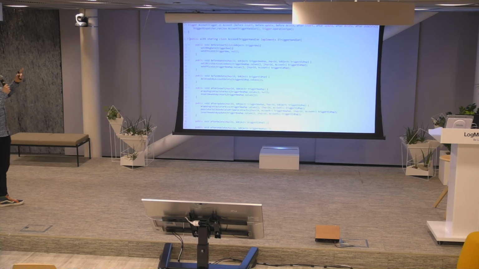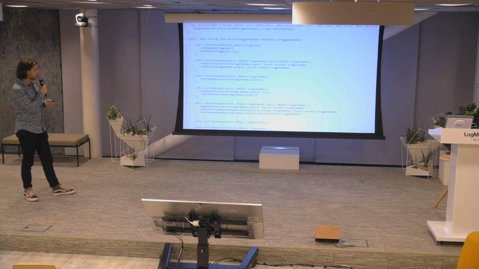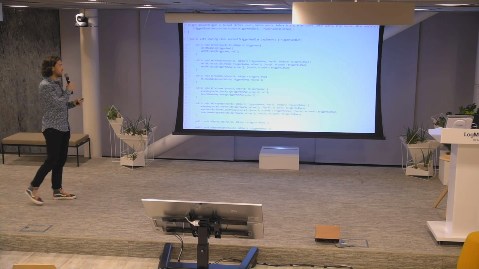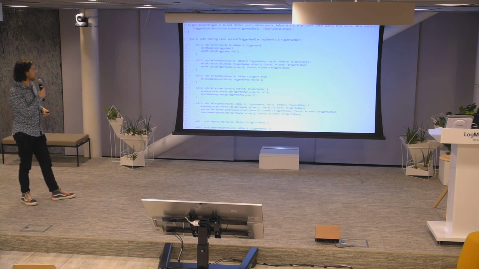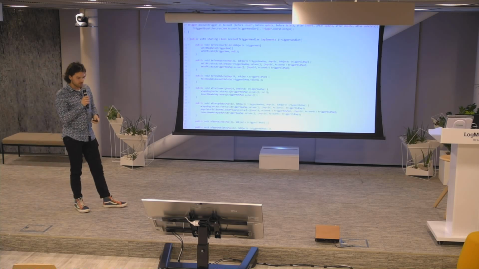All of these 7 methods were declared in the interface, and some of them have some logic in them. The after delete and after undelete are empty, but they have to be there for the interface to be implemented. And as you can see, all of the business logic is separated into different methods.